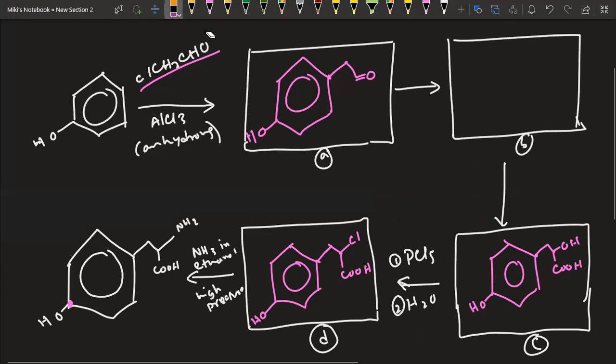Okay. Now, let's see our component B. So what could our component B be? From aldehyde to alcohol to carboxylic acid. Now, if we do further oxidation of this aldehyde, we get what? Carboxylic acid. But that won't give us an alcohol, isn't it?